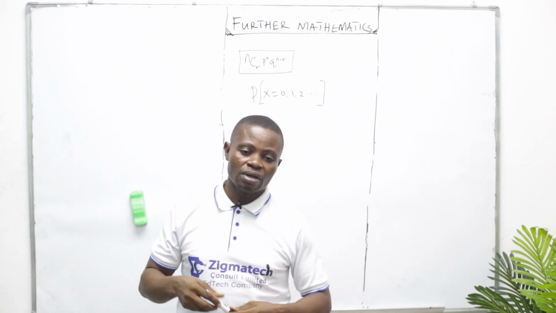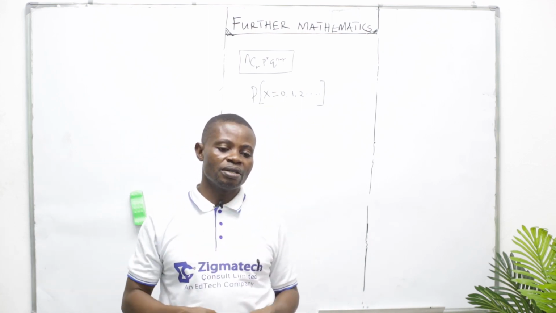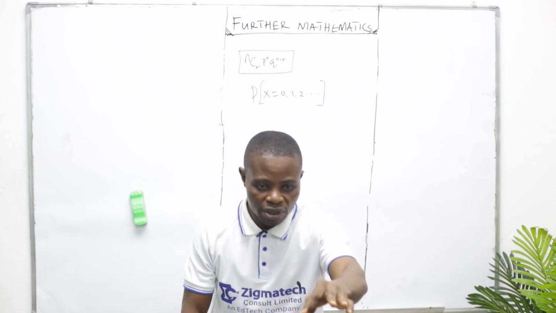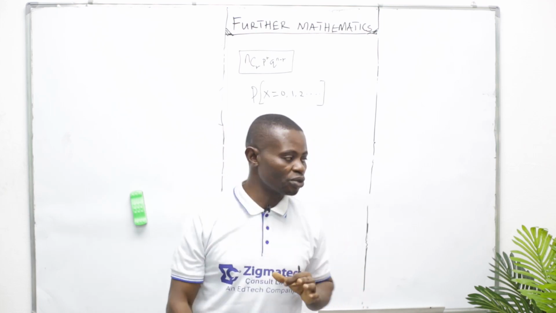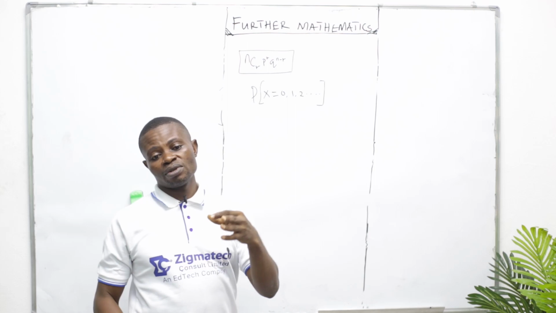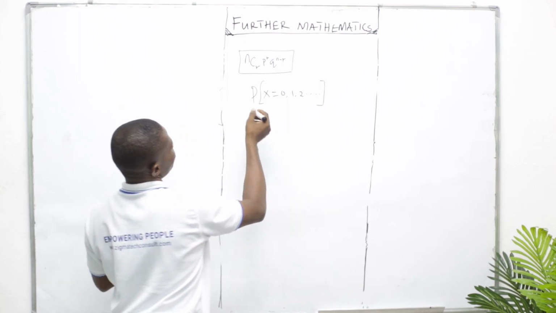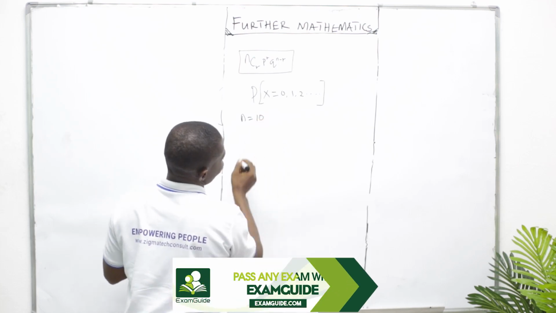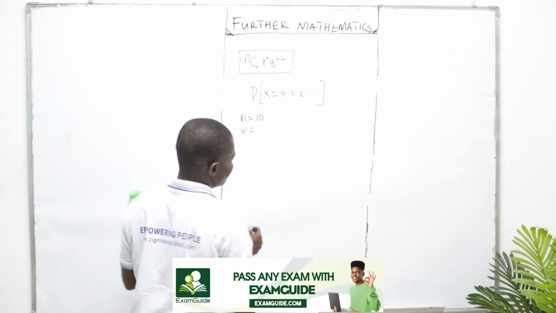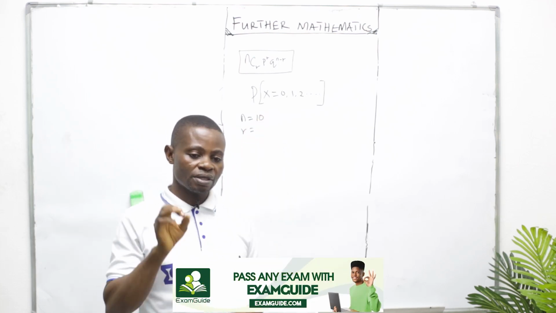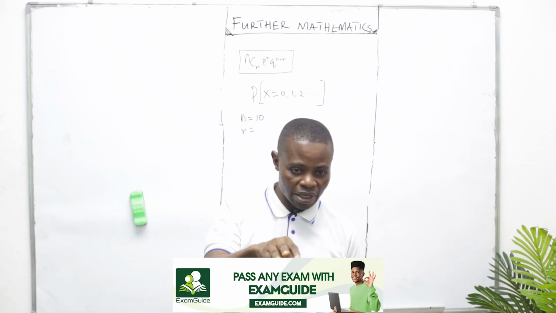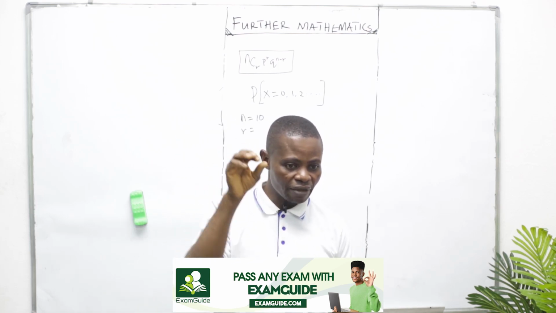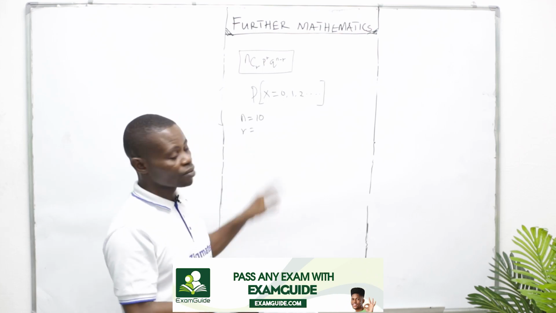Like here, how do you know your n? Read the question. They say each box contains 10 bottles, meaning n is 10. But the r is what they will ask you, just like they said, at least 3 defective bottles.